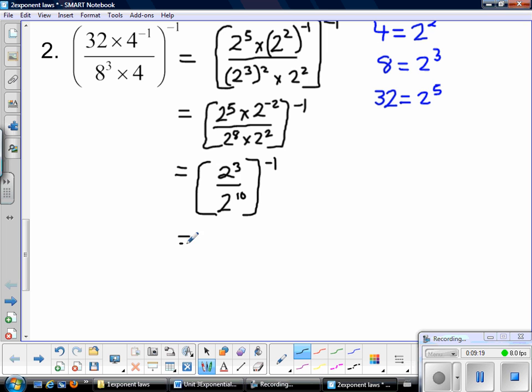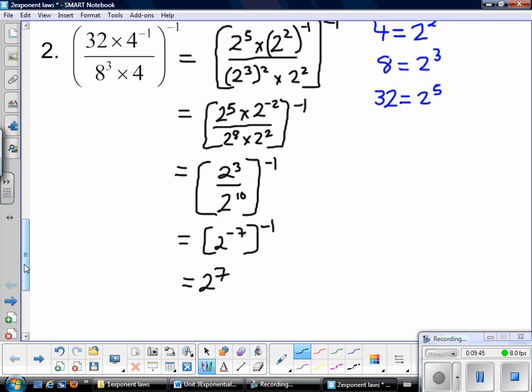All right, when I divide bases, I subtract the exponents. So that's going to be 2 take away 10, which is 2 to the negative 7th. And remember, all of that is to the negative 1. Power to a power, I multiply, and so I end up with 2 to the power of positive 7.